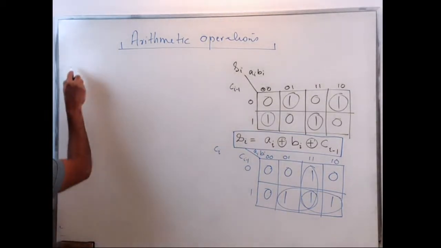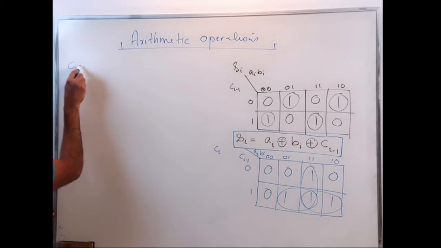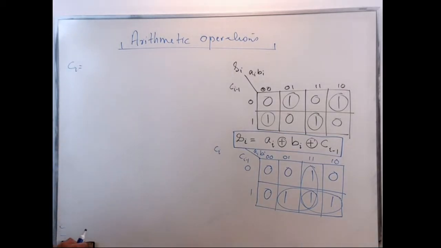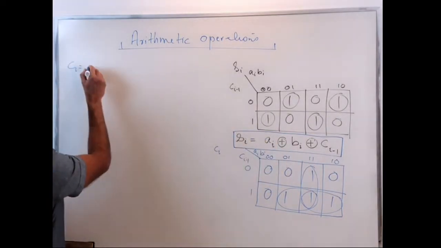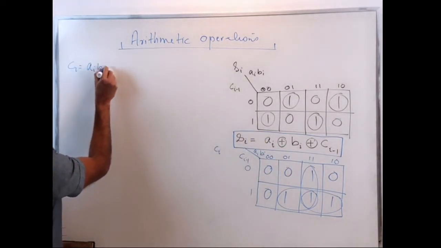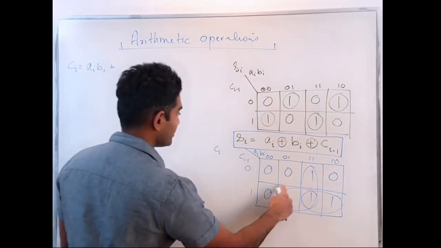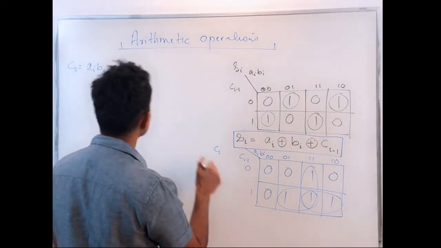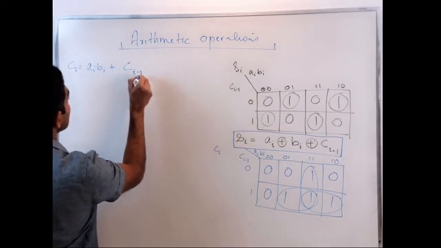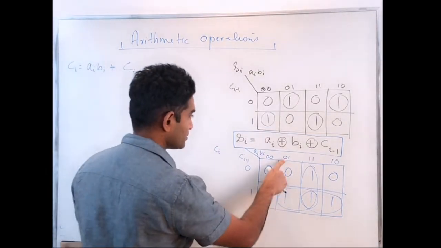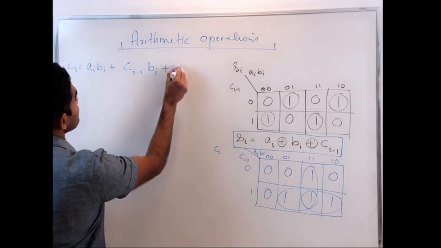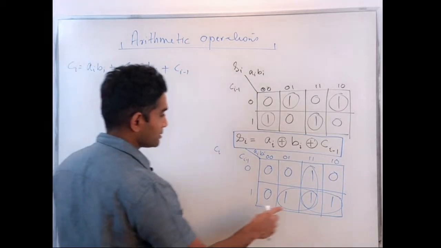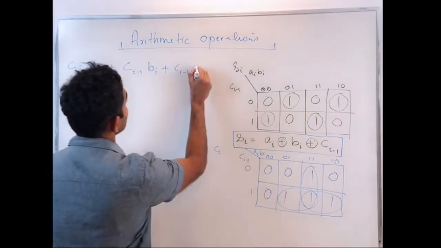So what is my Ci? Ci would be Ai Bi, or here I have Ci minus 1 times Bi, plus Ci minus 1 times Ai.